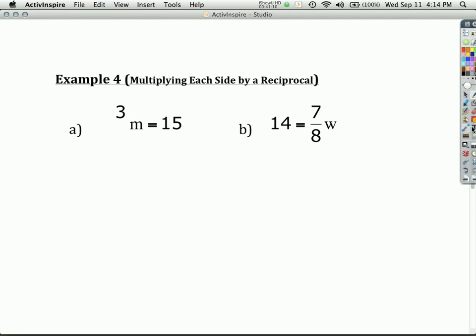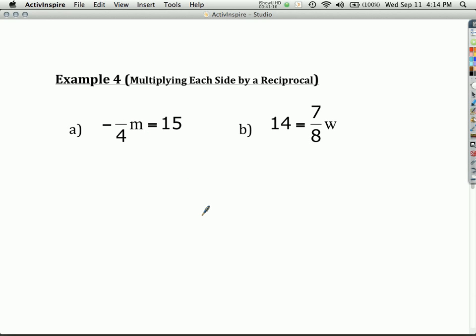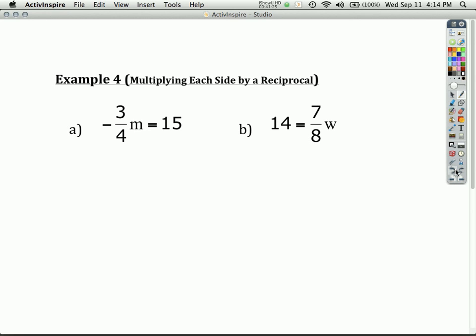Let me show you how this is also a division equation. If I took this away, then it's m over negative 4 equals 15. So in actuality, when you have a fraction as the coefficient, you have a multiplication and a division at the same time. Don't worry, you don't have to do both, because there's a little trick.